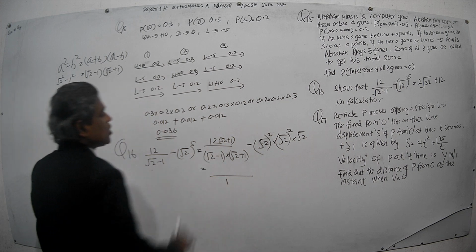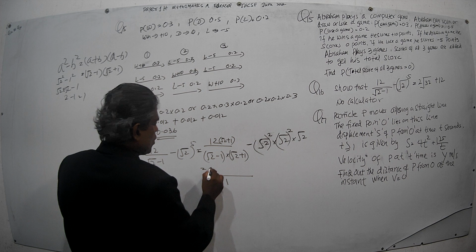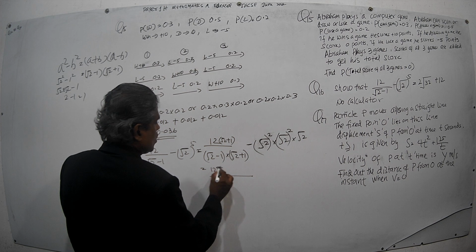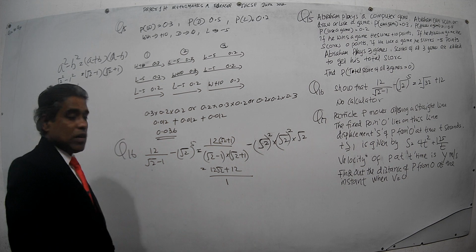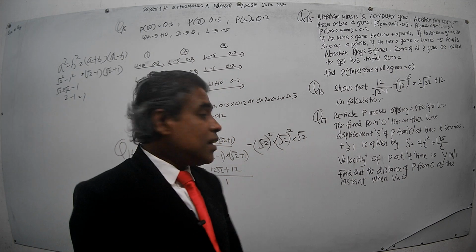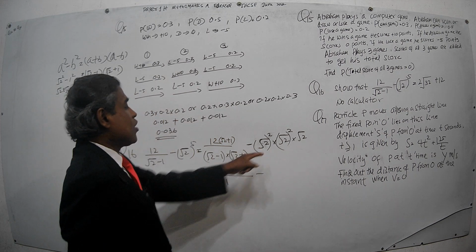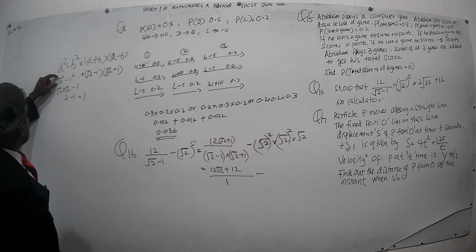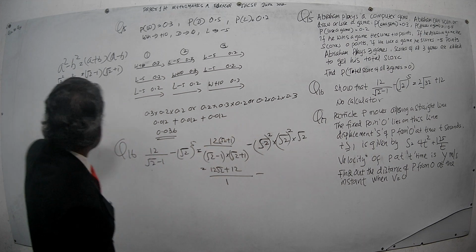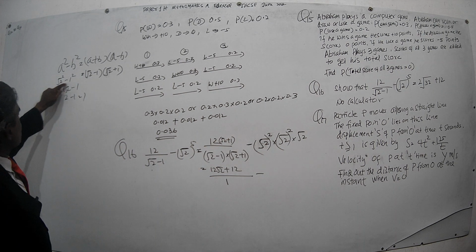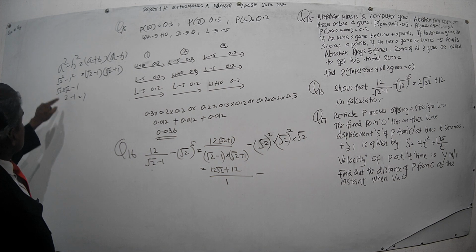Then this one is 12 into square root 2. We remove that, 12 square root 2. Then 12 into 1 is 12. Okay. Then here it is minus. Then square root 2 squared here came. Square root 2 squared means square root 2 into square root 2, how much?